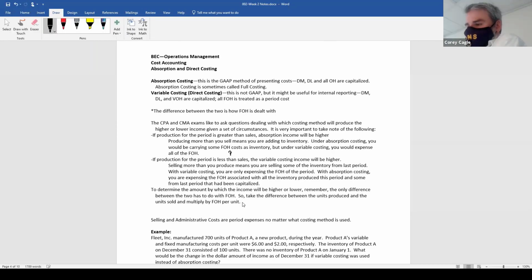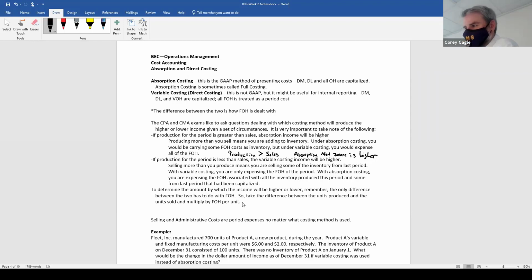Production greater than sales, absorption net income is higher. So just say that to yourself over and over, and also realize the opposite is true.